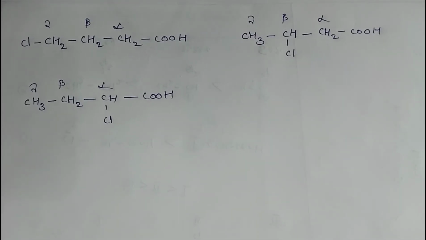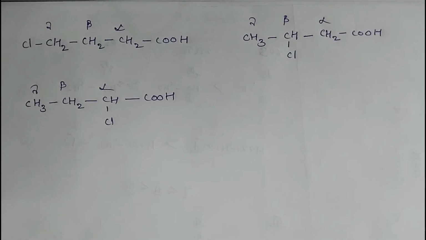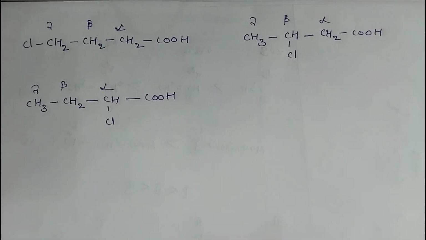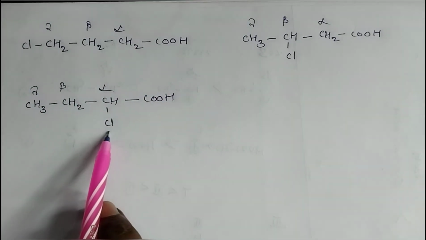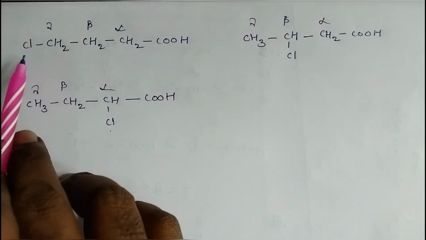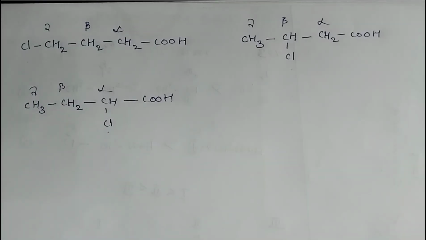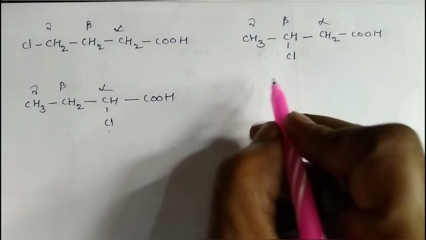In this example, how do we find acidic strength? First we have to find whether there is an electron donating group or withdrawing group. In all three cases, chlorine means an electron withdrawing group is present. Electron withdrawing group shows minus I effect.